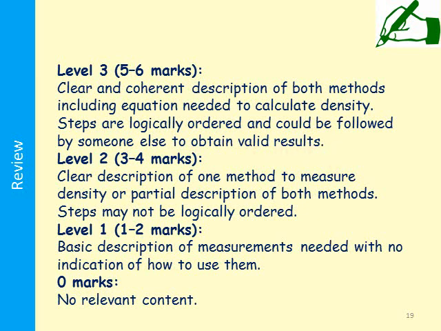If you can just remember a few things like measure the mass using a balance, you get 1 or 2 marks, but to get the full marks you've got to have an indication that you know about mass, how to measure the mass, how to measure the volume, how to calculate density, and the difference between the two methods for a regular and irregular solid.